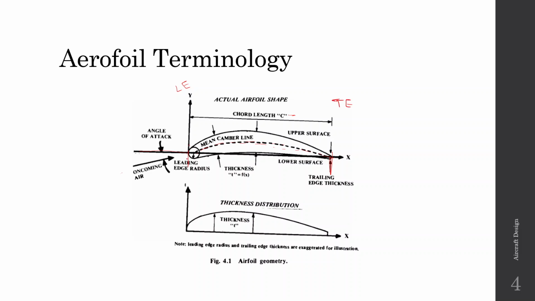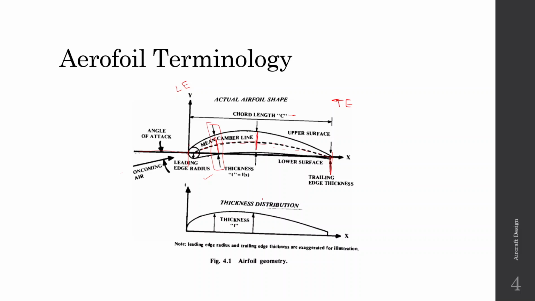So the curvature at the leading edge is called the leading edge radius. And the thickness of the aerofoil is defined as the distance between the upper surface and the lower surface. So if you see this diagram, this distance is the thickness.